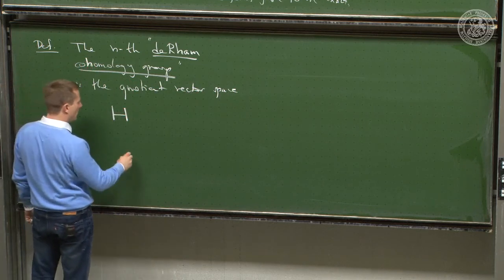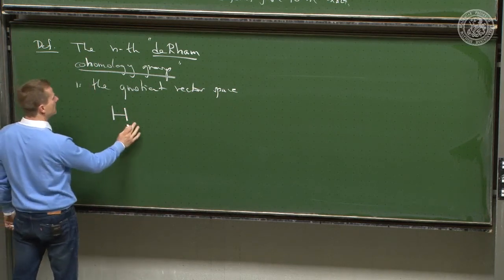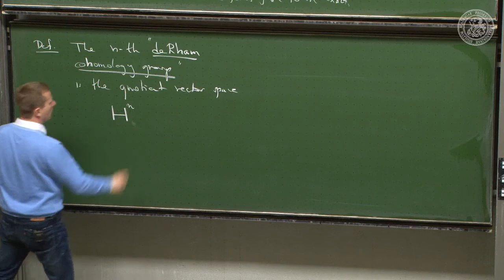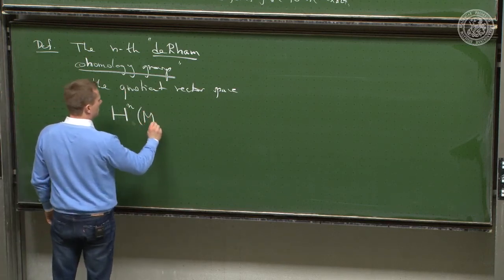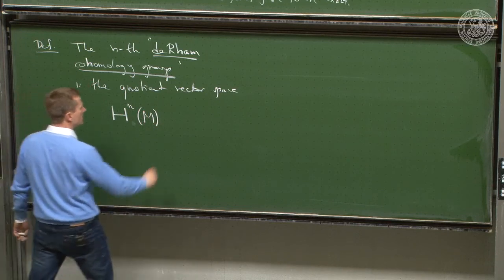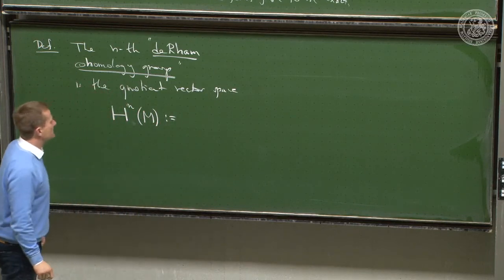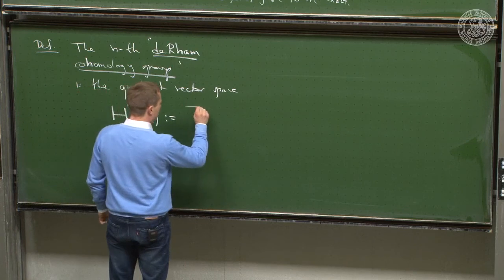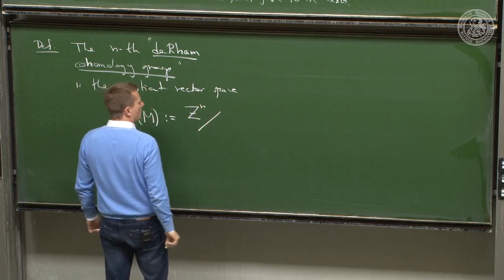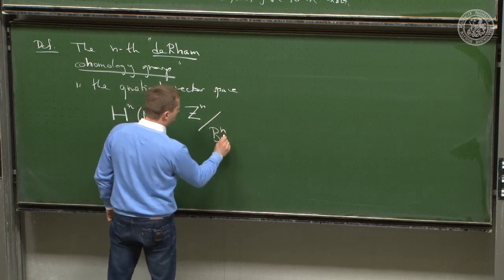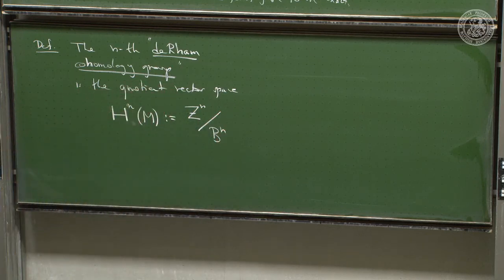If we were defining a homology group, we would put an index down here, but because we're defining a cohomology group, we put an index up there, Hn of the manifold, okay? And it's defined as the closed n forms, Zn, quotient with the exact n forms.